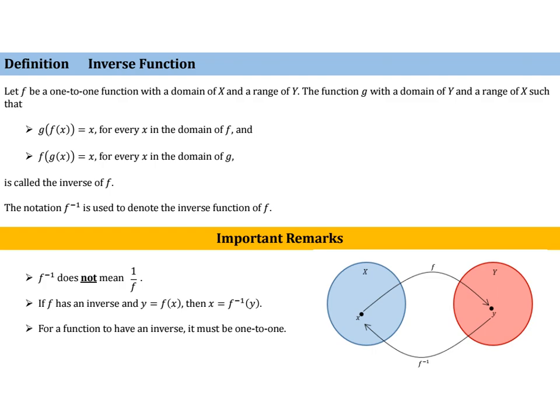So notice that if y equals f of x, then x equals f inverse of y. And that's from this picture right here. F inverse acts on y and outputs the x value. And from this statement up here, f has to be a one-to-one function for it to have an inverse.